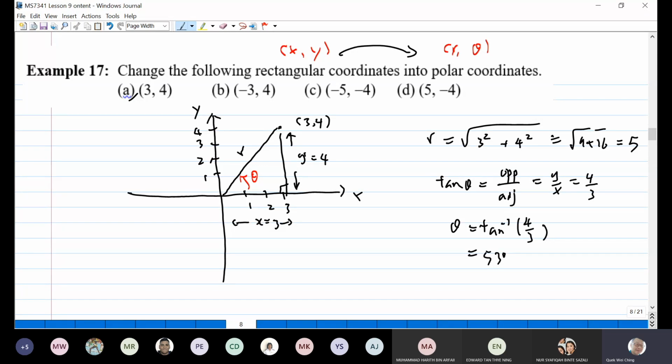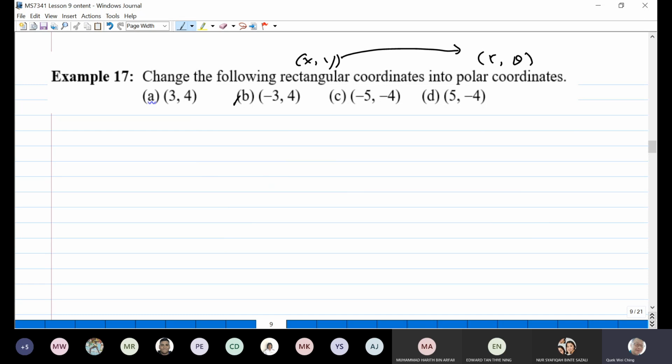Okay, I want to find part B now. Part B, the point is minus 3, 4. Okay, from the part B now. So let's draw the point. Okay, I want horizontal minus 3, 4.